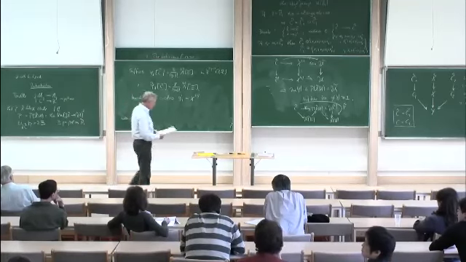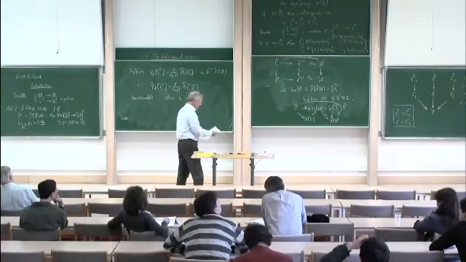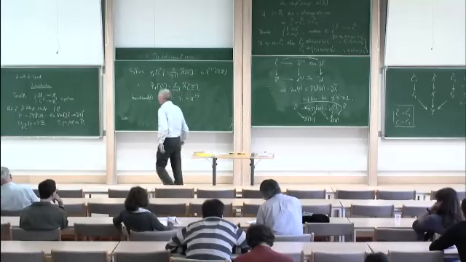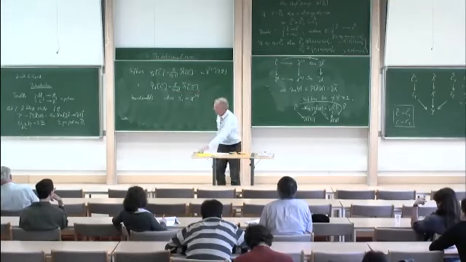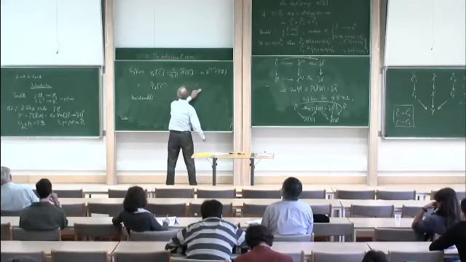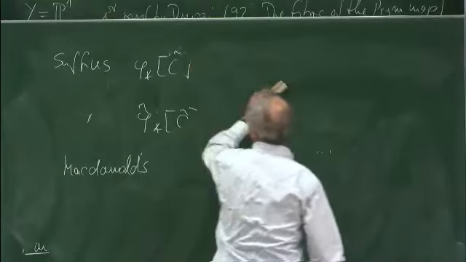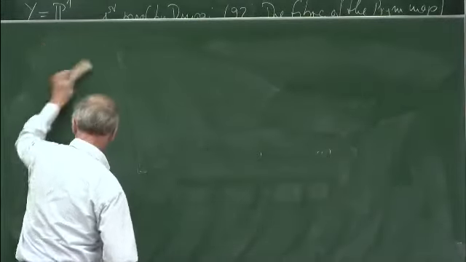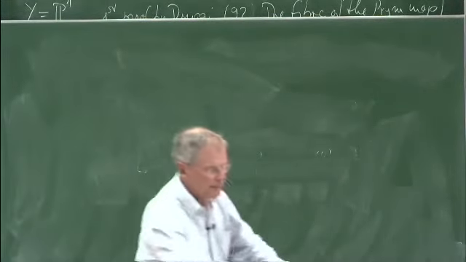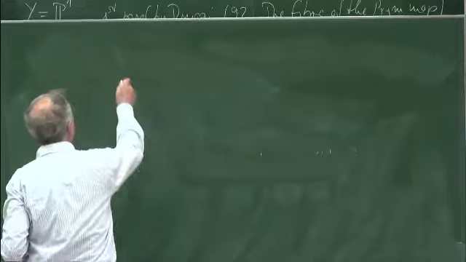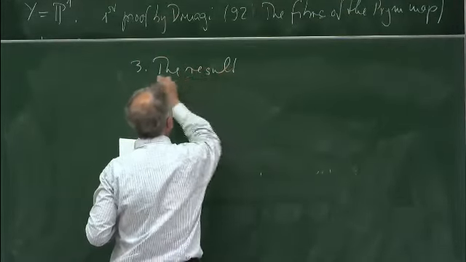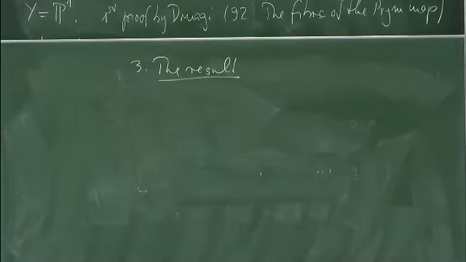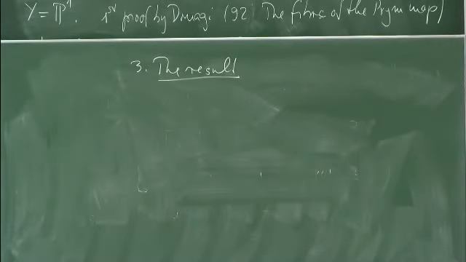So let me explain now the result, third section. How does one give endomorphisms or homomorphisms of abelian varieties? By correspondences.